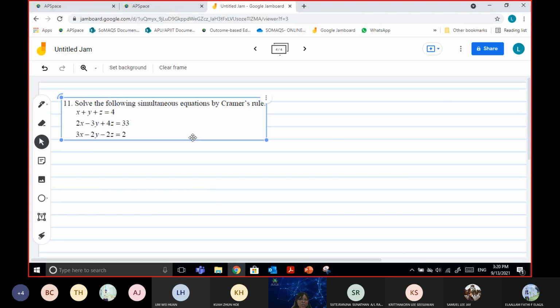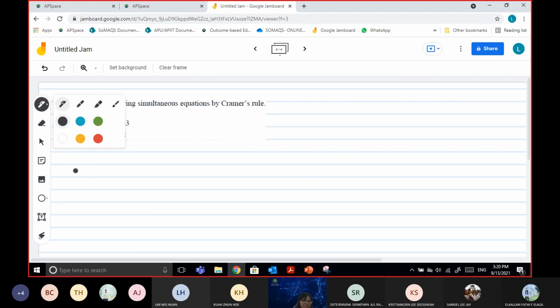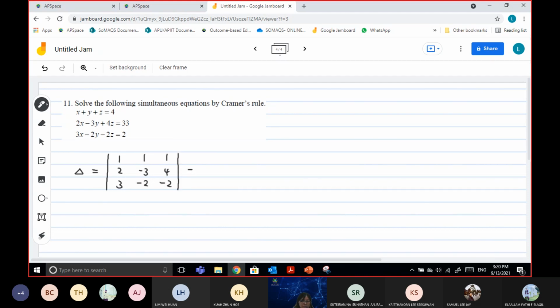Now for this question, first we find the determinant, or you can just write delta. You need to find the determinant for 1, 2, 3; 1, -3, -2; 1, 4, -2.